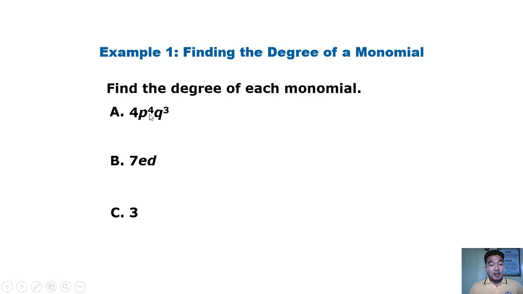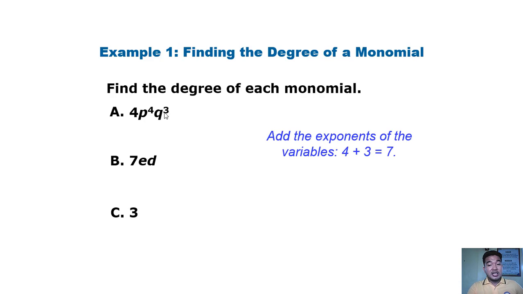Letter A, 4p to the 4th q cubed. So we have two variables here, p and q. The exponent of p is 4 and the exponent of q is 3. To get the degree of this monomial, we simply add 4 and 3, so that is equal to 7. So the degree of the first monomial is equal to 7.